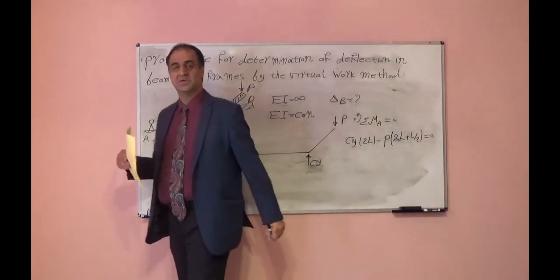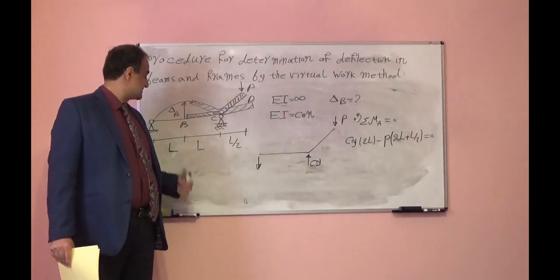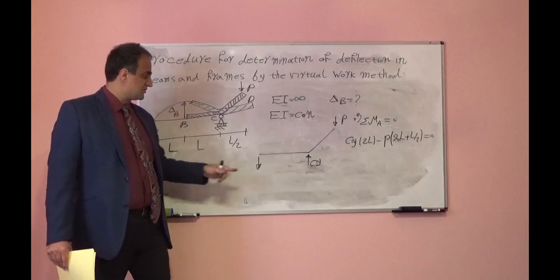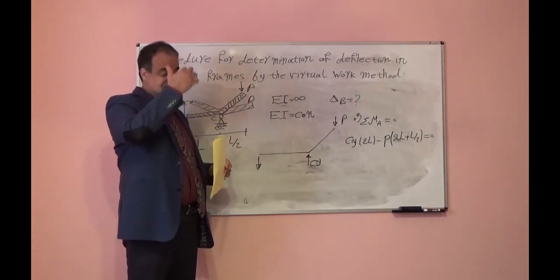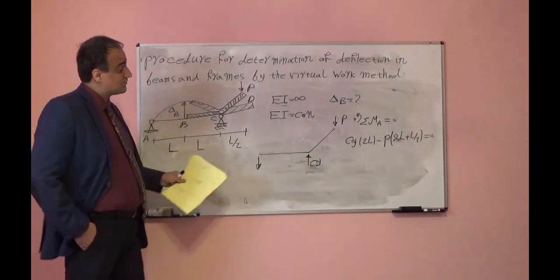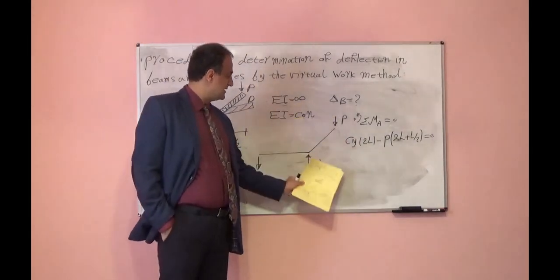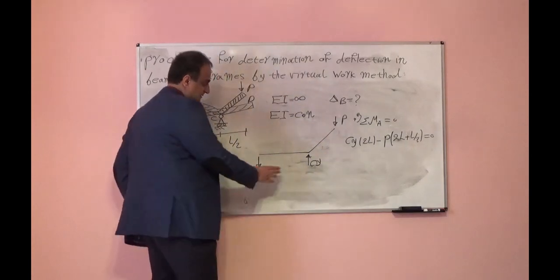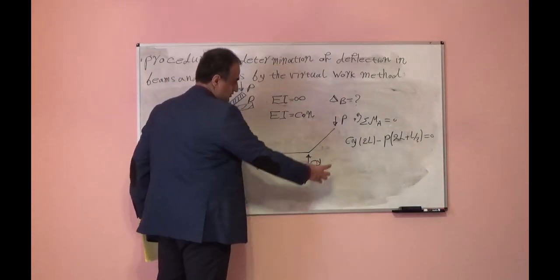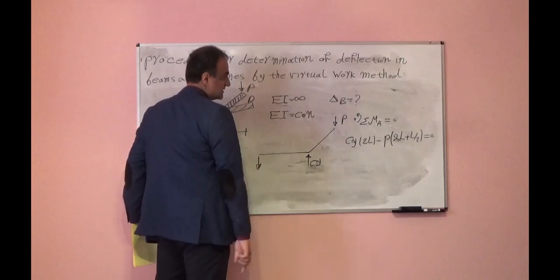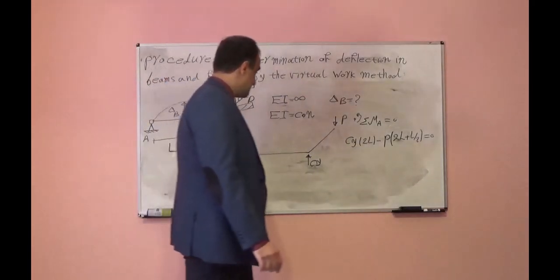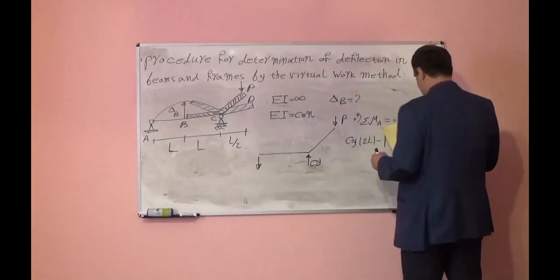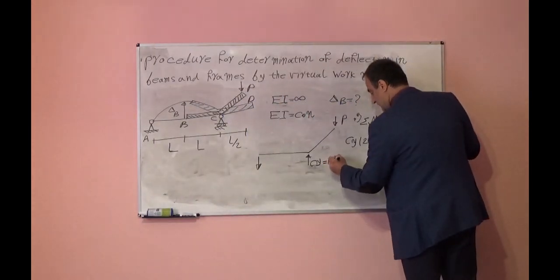I wrote equilibrium of moments with respect to point A. So Cy times 2L wants to rotate this system counterclockwise, so positive, minus P times distance. It will be 2L plus L over 2, from here to here, is equal to 0. From there, I can find Cy will be equal to 1.25 P.